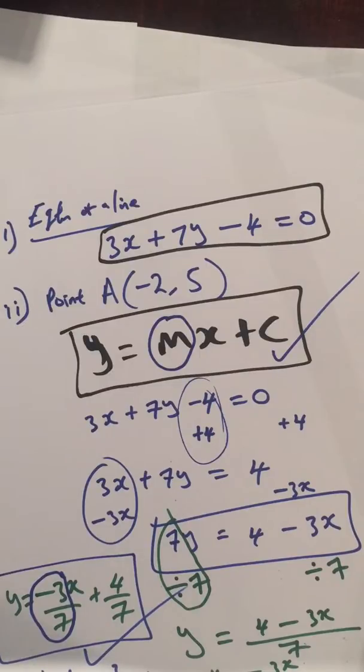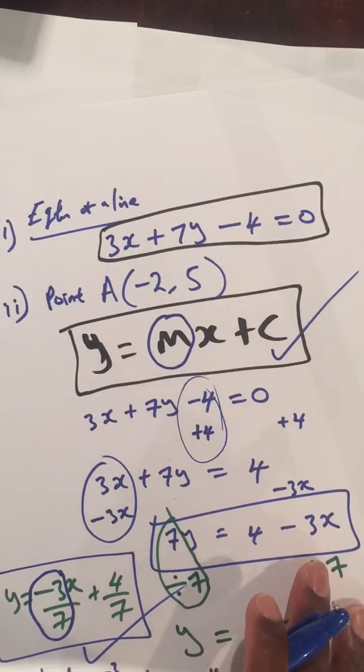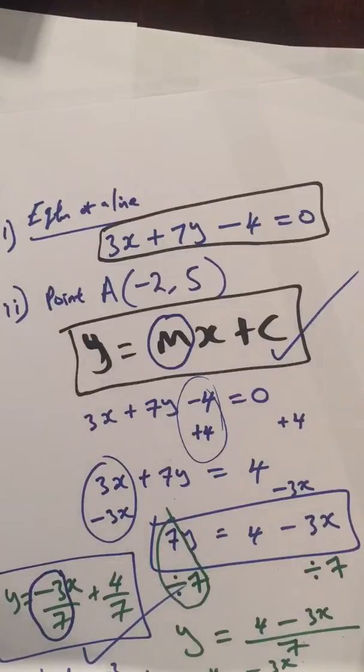But that's not a problem, because the step you followed up to this point would lead you to solving the next question. And that means that if you get this right, then you can get the others right. If you get this wrong, even though it's just 1 mark, trust me, you're going to lose the rest of the marks. So the next question would be talking about things like, okay, if this is a gradient for this line, what will be the gradient for a line that is perpendicular to it?